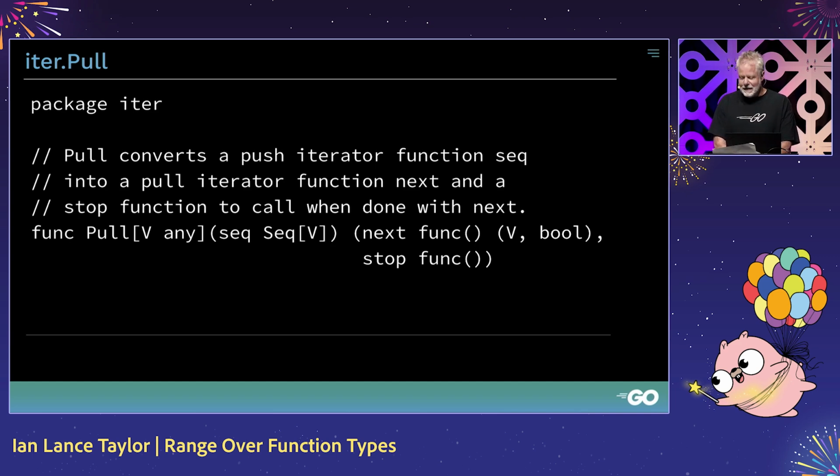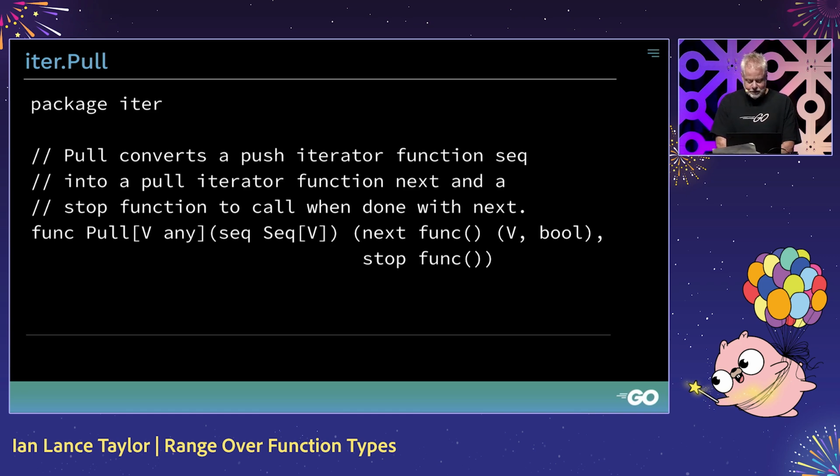The function that I've named next, the pull iterator, returns a value and a Boolean that reports whether that value is valid. The Boolean will be false at the end of the sequence. Iter.pull returns a stop function in case we don't read through the sequence to the end. In the general case, the push iterator, which is the argument to iter.pull, may start goroutines or build new data structures that need to be cleaned up when iteration is complete.